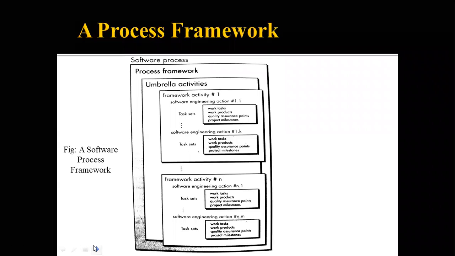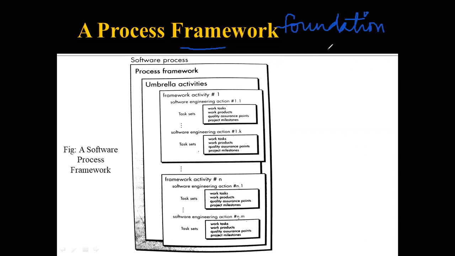Now, moving on to the next topic, the process framework. This process framework acts as the foundation for the entire software process. You might be wondering what a framework is. A framework means the structure of software engineering.